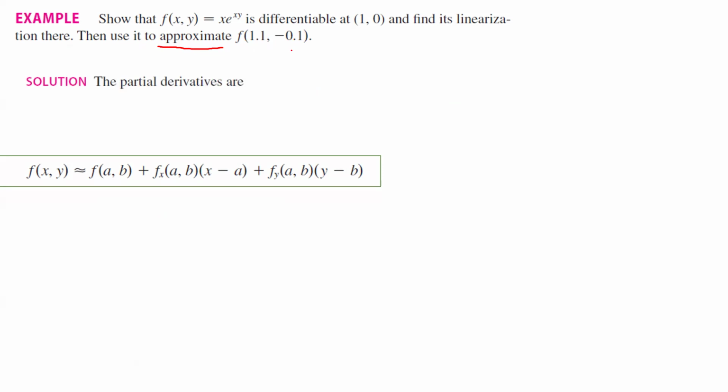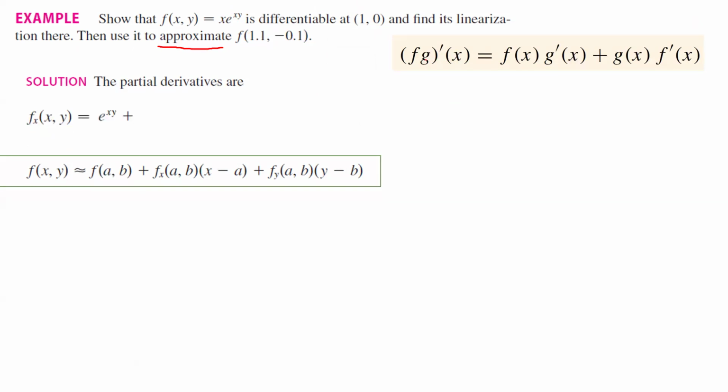Let us begin. First of all, note that you have a multiplication of two functions, so we're going to go back to elementary calculus and use the product rule. The partial derivative of f with respect to x is e to the xy, which is the derivative of the first function, 1, times the second function, e to the power xy, plus x times y e to the power xy, which is the derivative of e to the xy with respect to x.